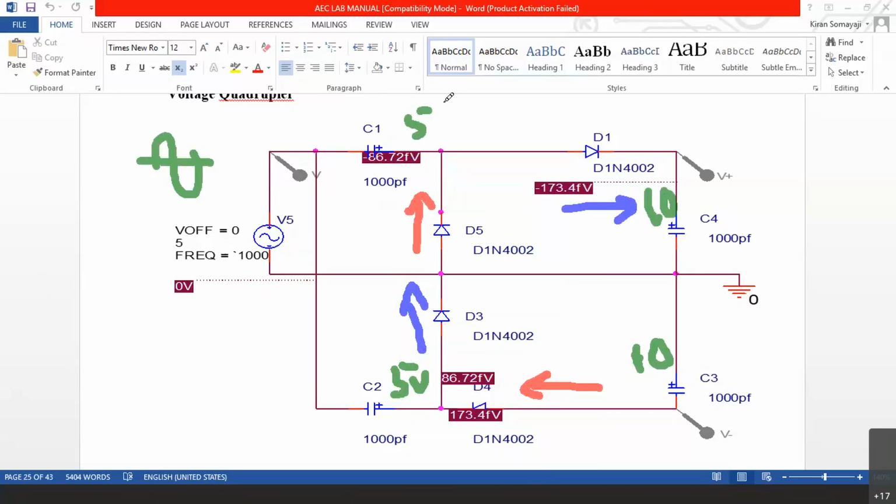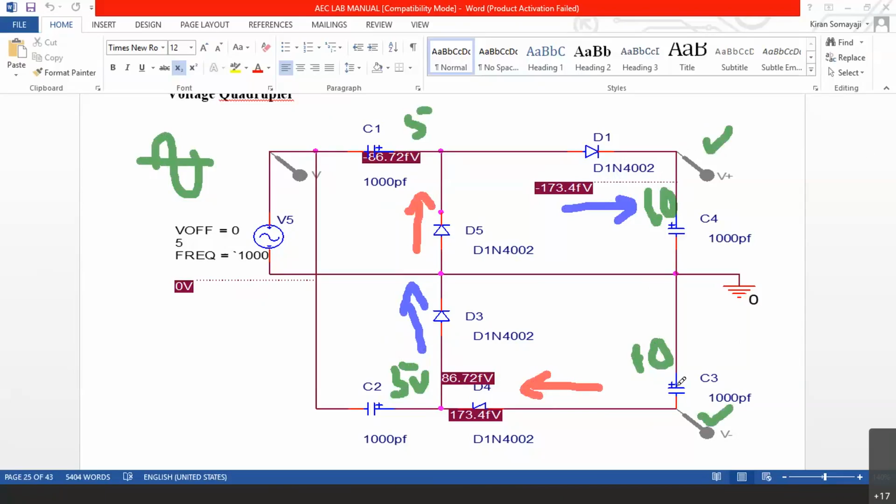So that 5 volts along with this 5 volts is going to become 10 volts. Similarly, in the other cycle, when there is this 5 volts, that 5 volts is going to become here 10 volts. So when we take the output from C4's plus and C3's minus, we take the output here and here. 10 plus 10, we are going to get totally 20 volts.